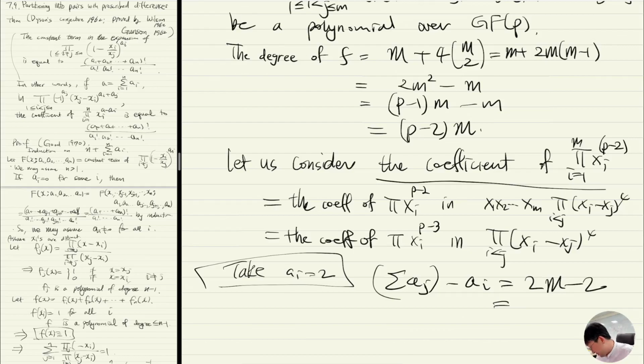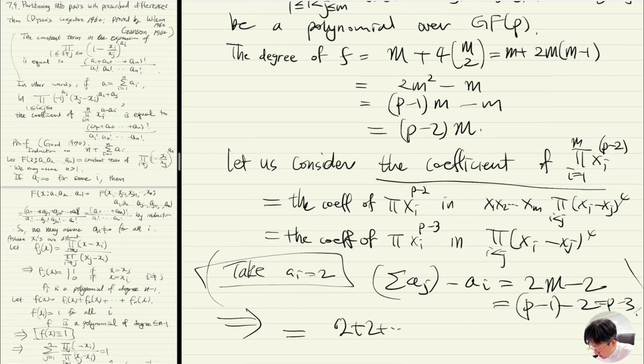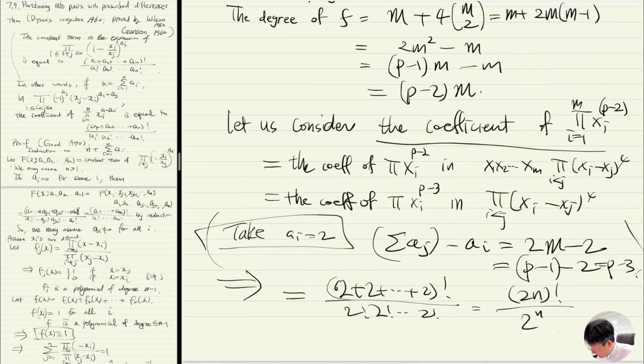So twice m is equal to p minus 1. So this is p minus 3, right? So then if you look at this, the coefficient of this in this polynomial is equal to that. So this coefficient is equal to 2 plus 2 plus ... plus 2 factorial over 2 factorial, 2 factorial, and so on. So this is 2m factorial over 2 to the m, which is non-zero.